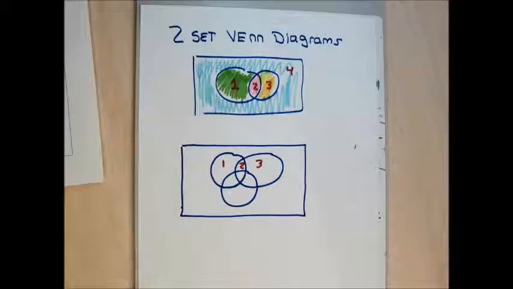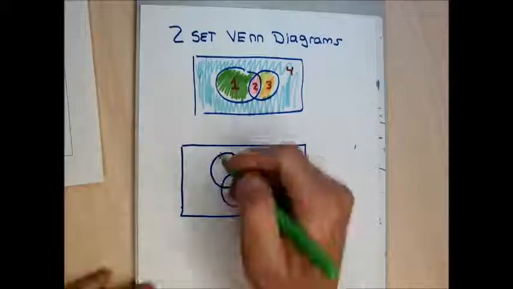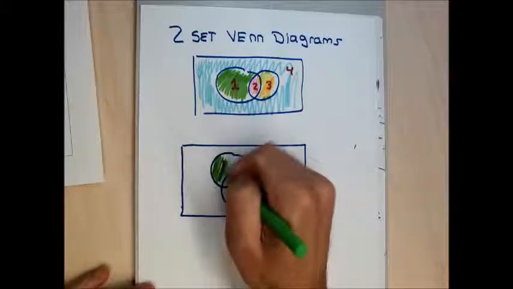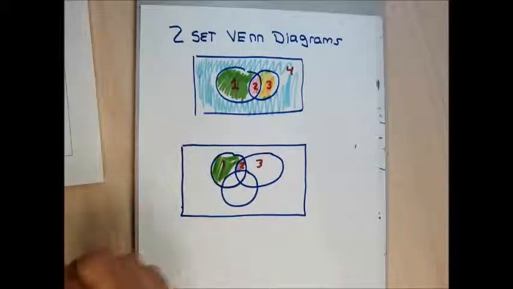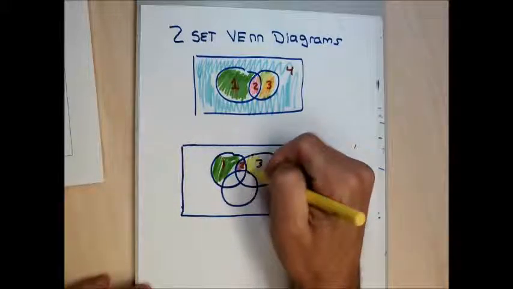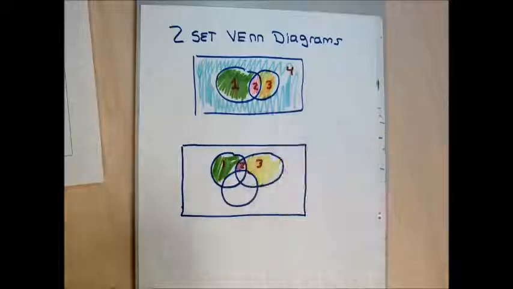Let me color up those regions for you. So region 1 is going to be that portion of the graph. Region 2, region 3, and then I'll come across and do 4, 5, and 6.